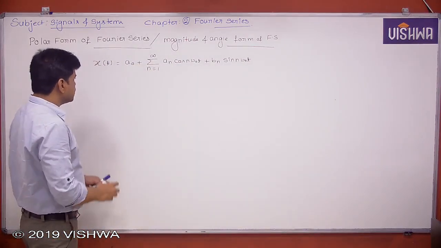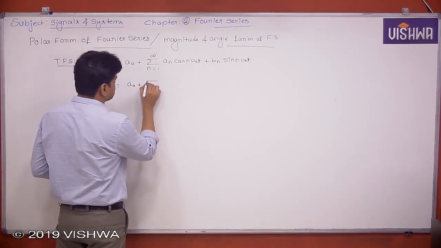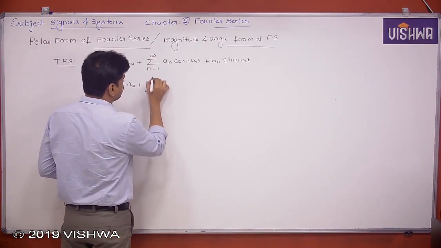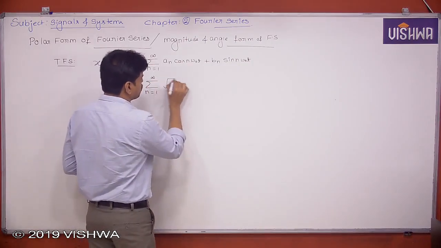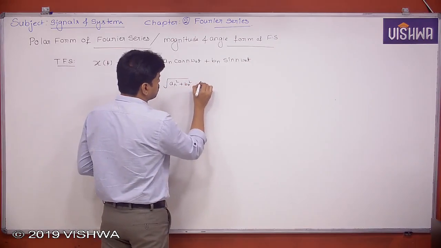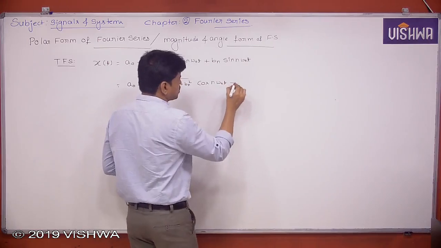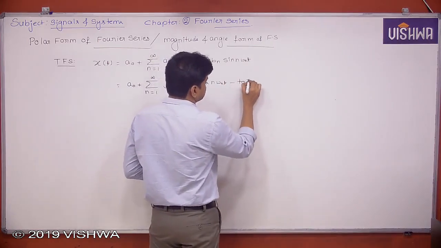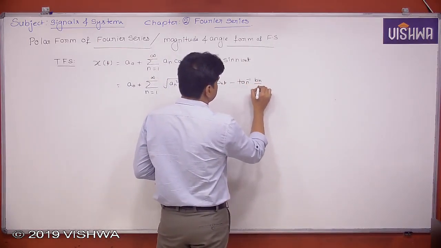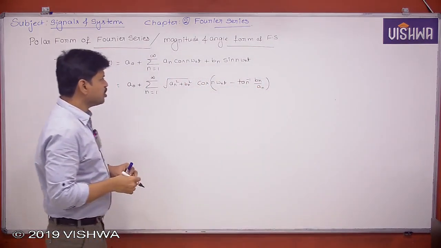Now this can be converted like this also: a0 plus summation n is equal to 1 to infinity root of an square plus bn square cos of n omega naught t minus tan inverse bn by an. So in this form also we can write it.